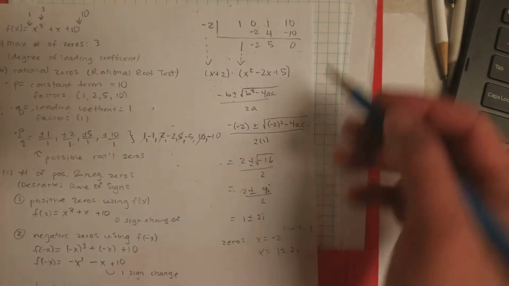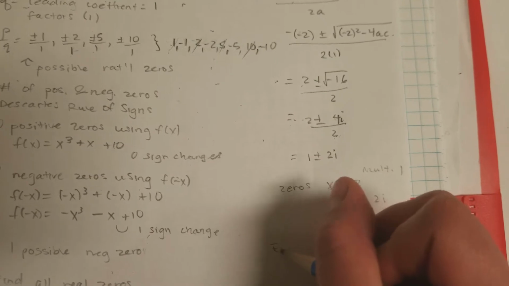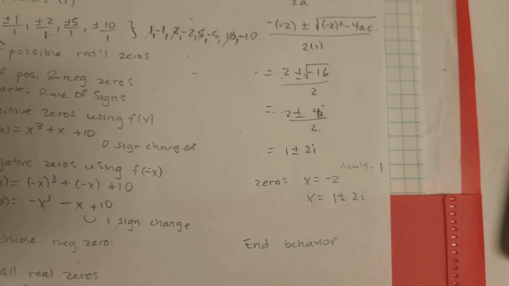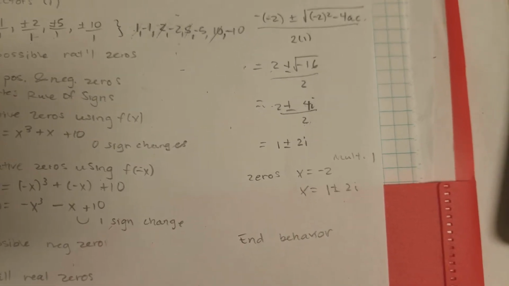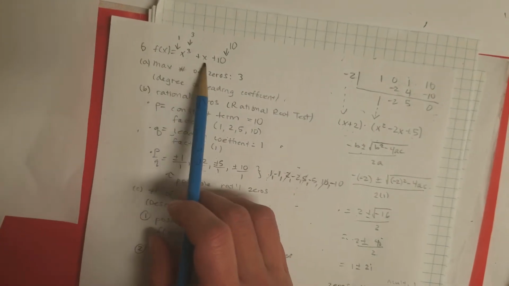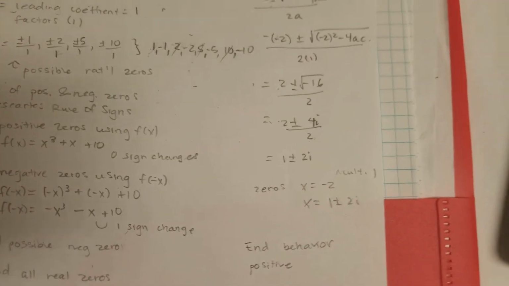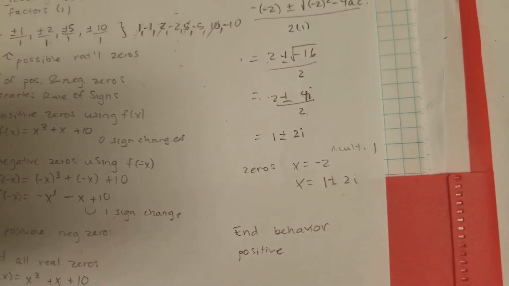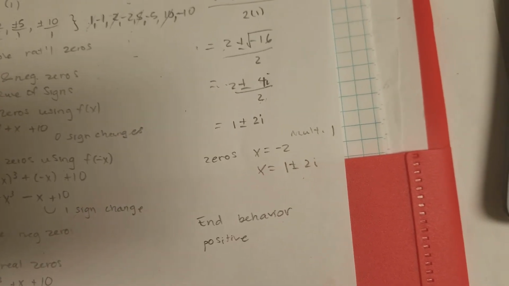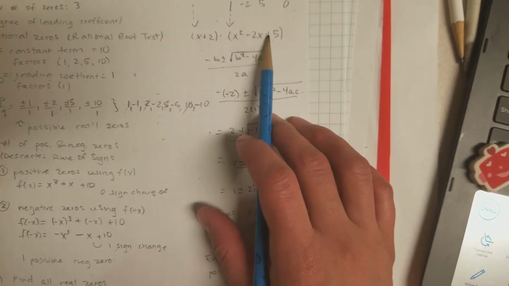The other thing is end behavior. Two things matter. Is it positive or negative? Let's go back and look. No negative sign, so it's positive. And then, what is the degree? That's where we look at the multiplicity of the factors. This one doesn't factor out to anything real.